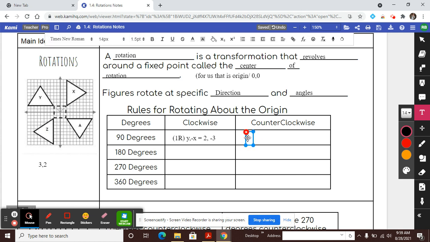Now, counterclockwise just means that I am going left instead of right. So that means one left. I'm going to put one L. Okay. It changes again. Instead of it being y, negative x, now we're going to say negative y, comma x. And in our example, if I were starting here, if I move over left 1, well, think about our quadrants.